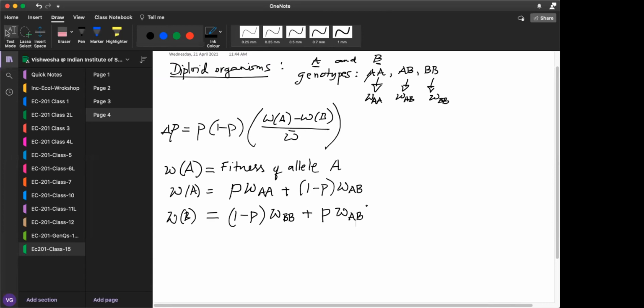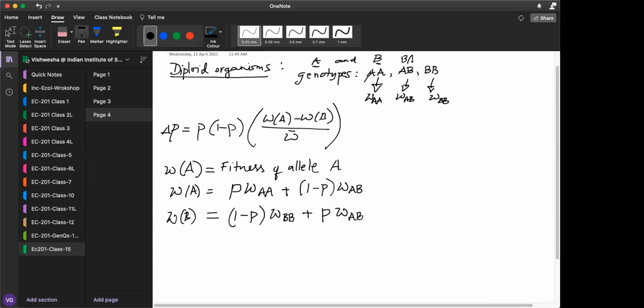A small doubt. I'm really confused. For omega AB, there'll be a 50% chance that the next generation will be AA or AB, right? So shouldn't we divide by 2, or is it fine? It's a good point, but I have already taken care of it. See, AB can also occur as BA.